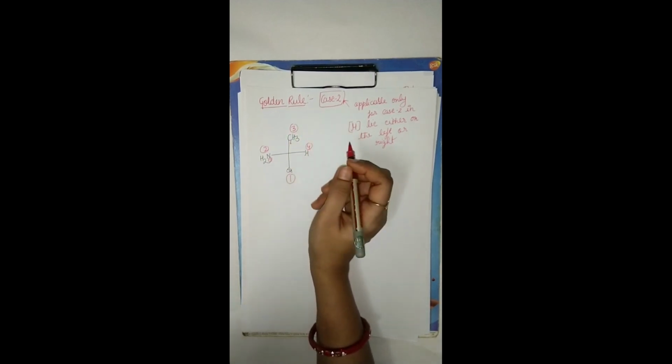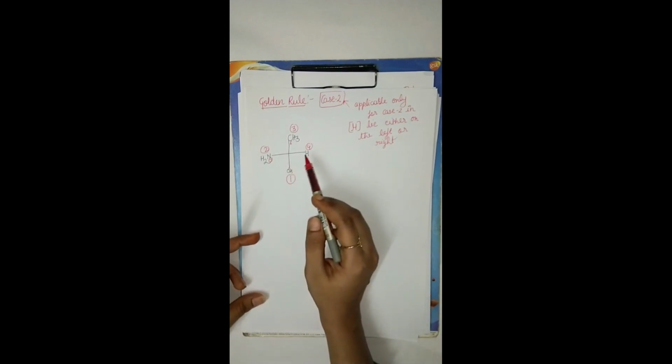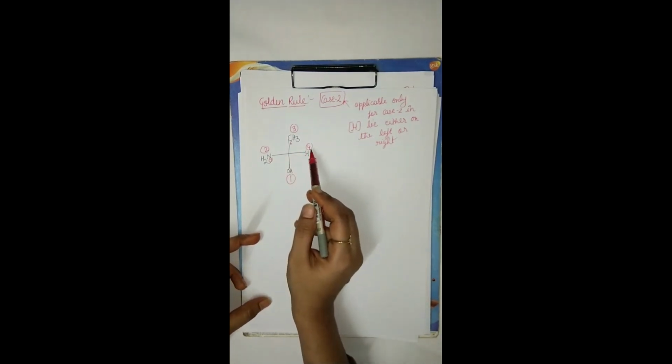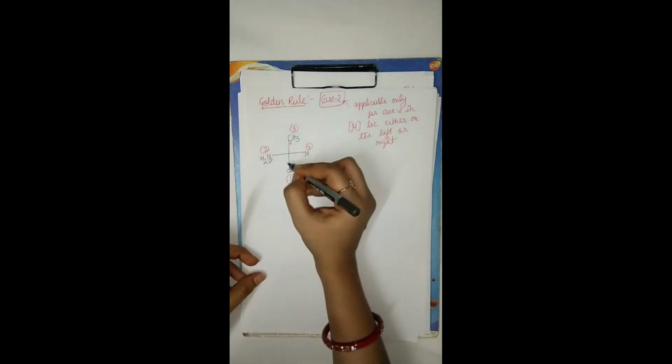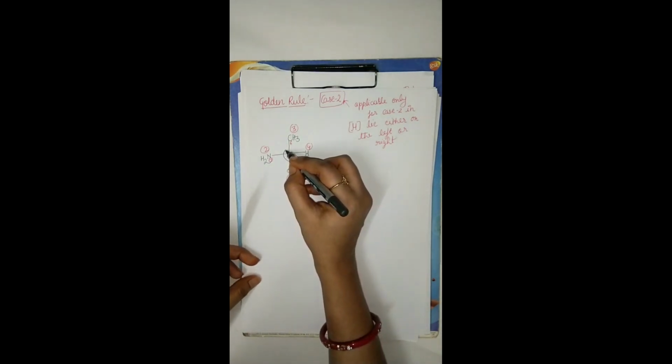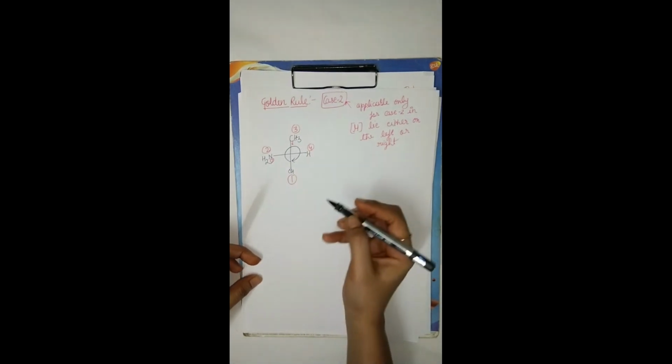According to the golden rule, there is a short trick. If case 2 is present, if hydrogen lies either left or right, then you can move your eye in either clockwise or anti-clockwise direction as per the priority sequence rule.